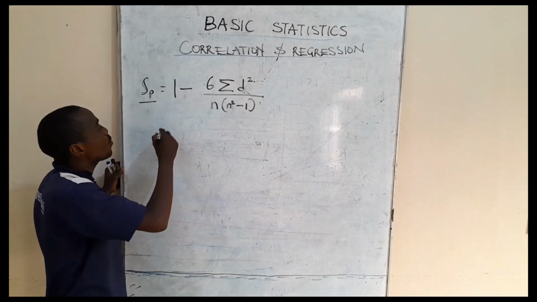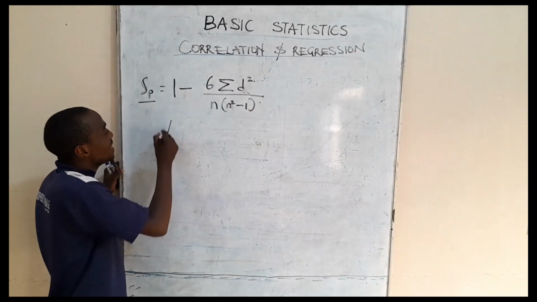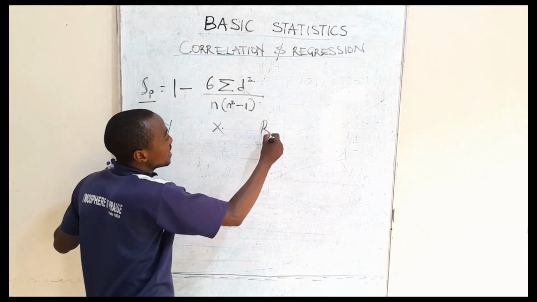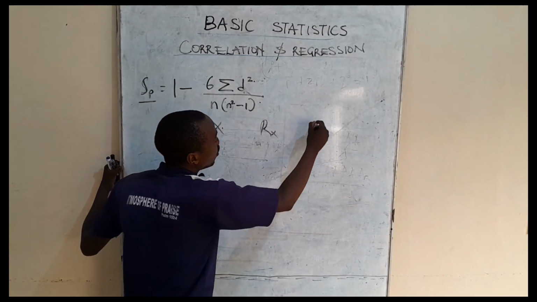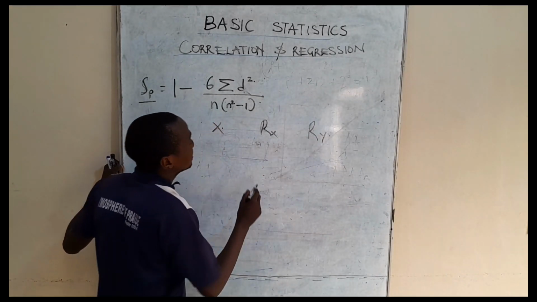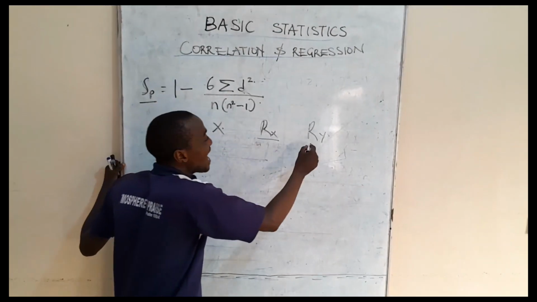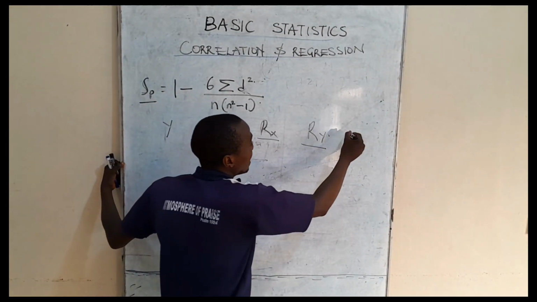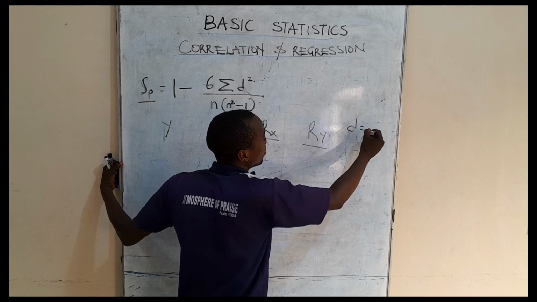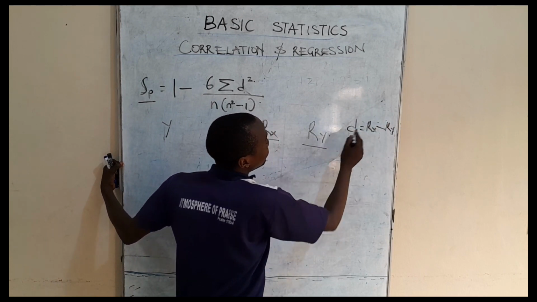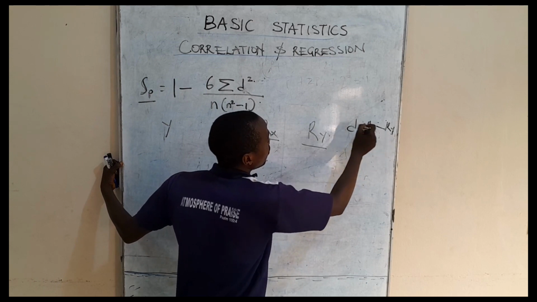If I have x, we call its rank Rx, and if I have y, we call its rank Ry. That means D is the difference between the rank of x and the rank of y. I'm going to have D equal to Rx minus Ry.